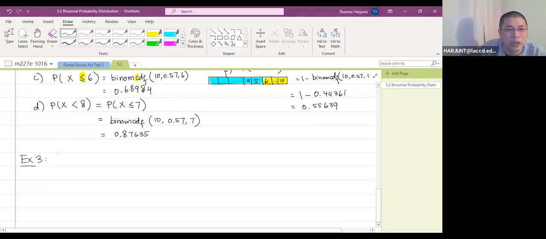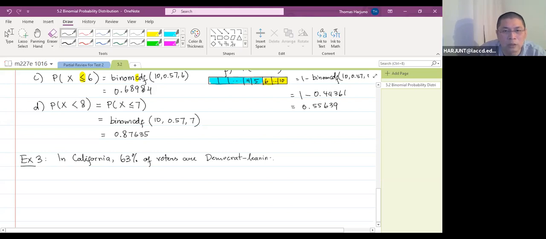Suppose we say in California, let's say I make up numbers, okay, let's say 63% of voters are Democrat leaning.